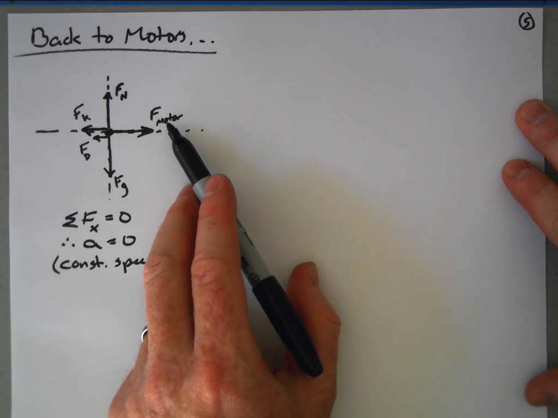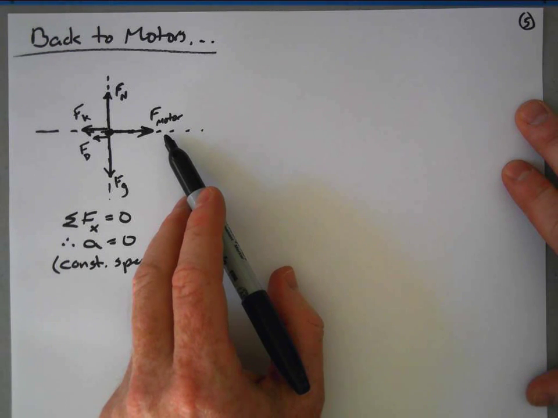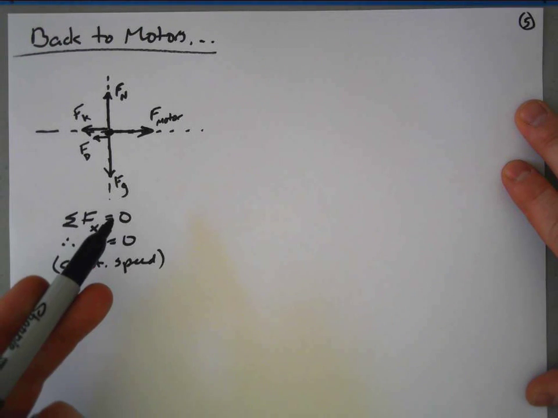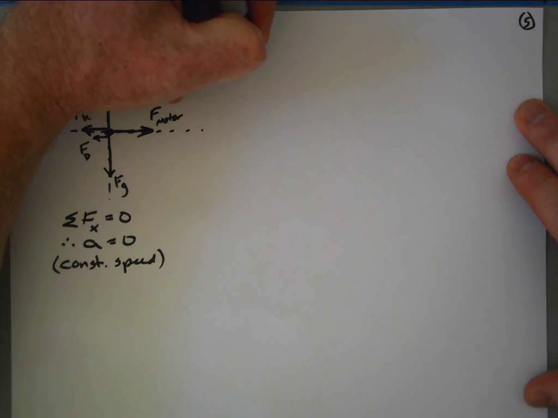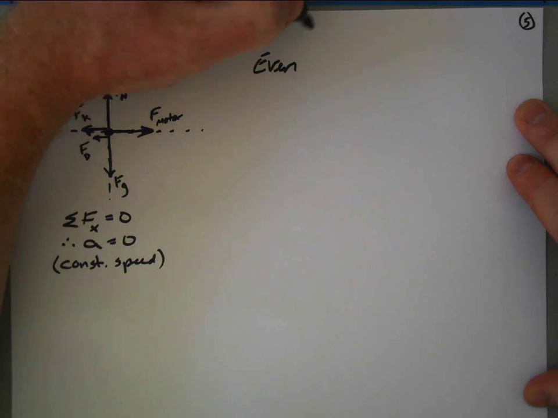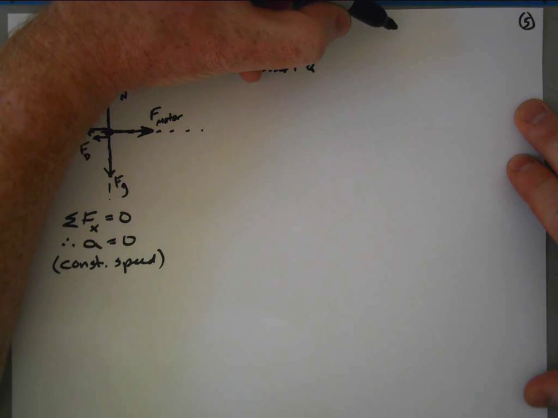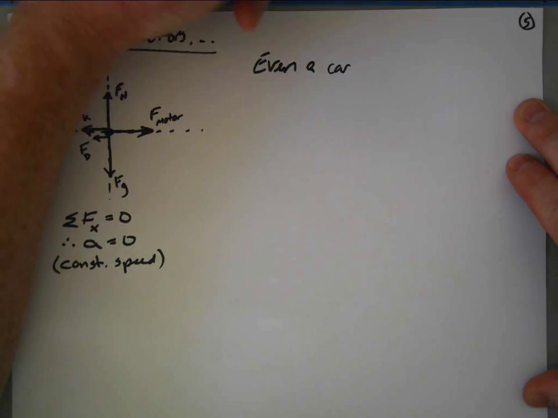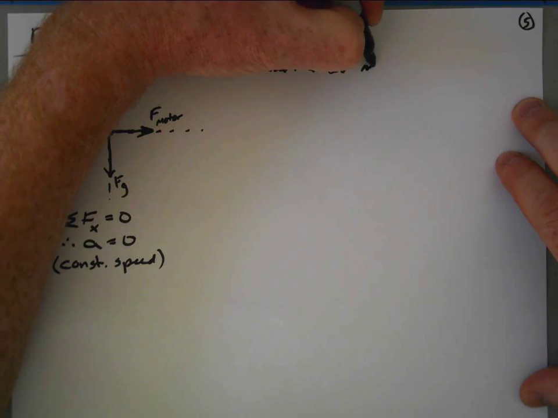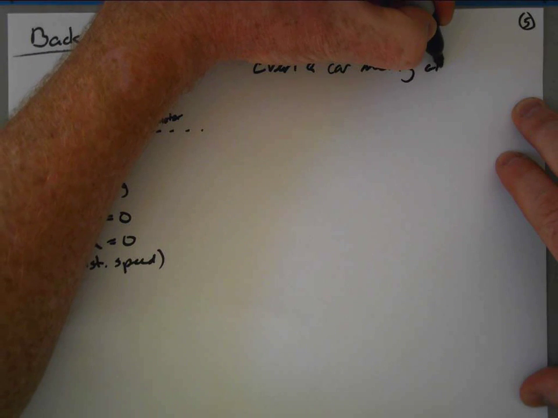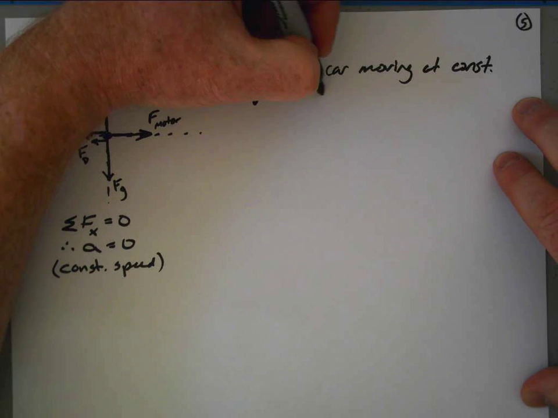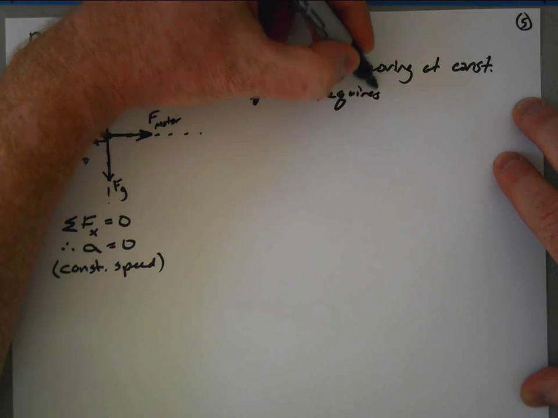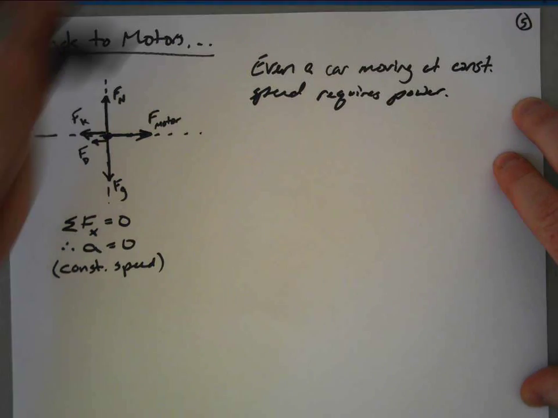And so the motor is satisfying these conditions to produce your constant speed. But the motor itself and the force that it's applying really is also doing work. And as time goes on, it's doing a certain amount of work in a certain amount of time. So we can look at this and we can say to ourselves, even a car being driven at a constant speed requires power.